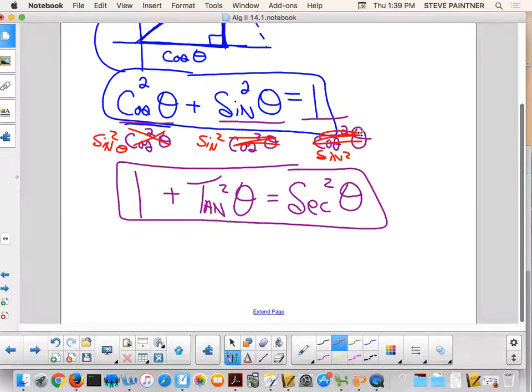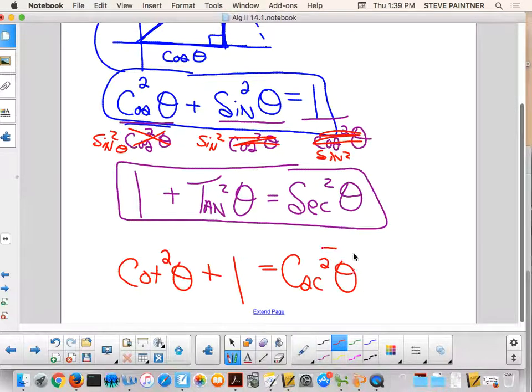Cotangent. Yep, that's cotangent squared, right? Okay. What's sine squared over sine squared? There's your 1. And then, of course, what's 1 over sine squared? It's the reciprocal. Cosecant squared. Okay, so this is how they got the other two. They took the original one, cosine squared plus sine squared equals 1, and just divided. They picked cosine first, and then they picked sine second. Then they got these two.